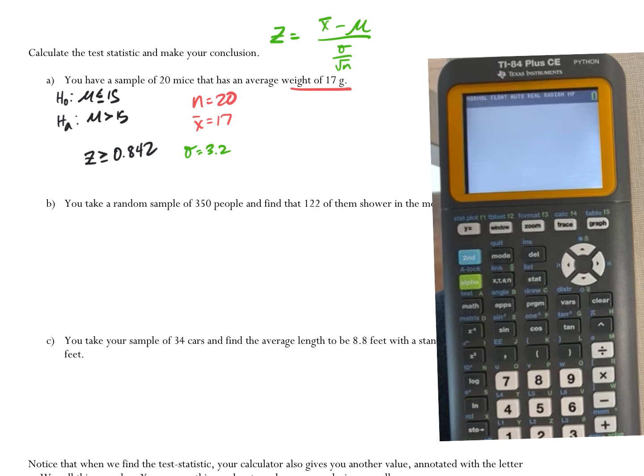So if I want to calculate the z-score of this sample, for x bar I'm going to use the mean of the sample, 17. The mu I use in this formula is going to be the number in the null hypothesis. And then I'm going to divide by 3.2 divided by the square root of 20.